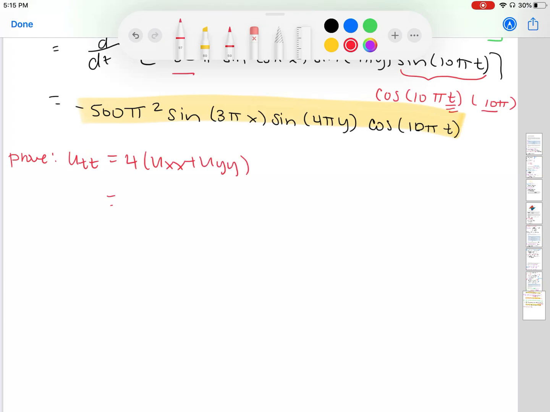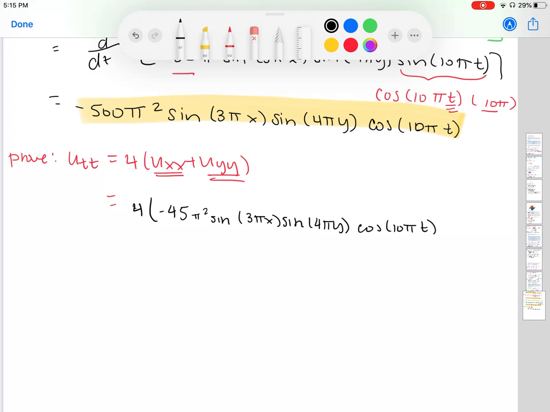Okay, let's see if it does. Let's go ahead and place that double derivative for x and double derivative for y. So we have 4 times negative 45 pi squared sine of 3 pi x times sine of 4 pi y cosine of 10 pi t.